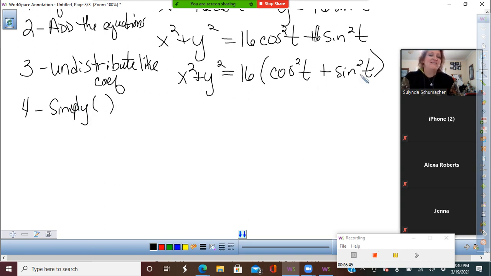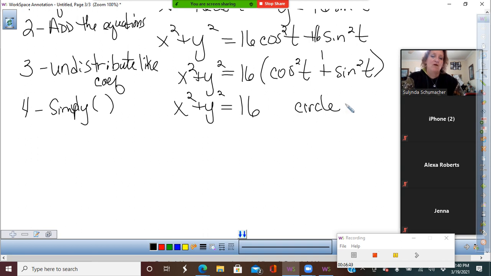Cosine squared plus sine squared equals 1. So x squared plus y squared equals 16 times 1, or just 16. So this is actually a circle with, in this case, center at 0, 0, and a radius equal to 4.